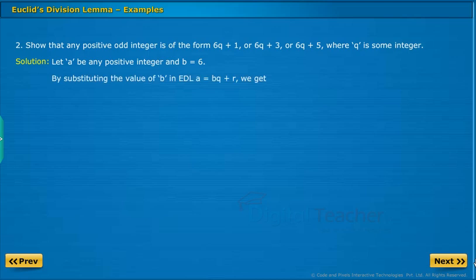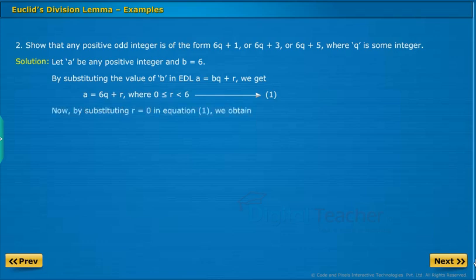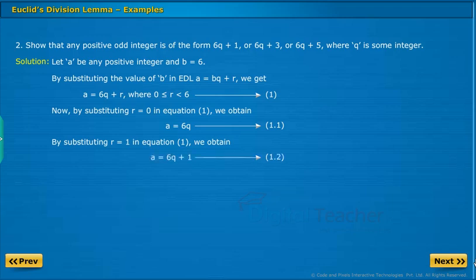By substituting the value of b in EDL, a equal to bq plus r, we get a equal to 6q plus r, where 0 less than or equal to r less than 6. Now, by substituting r equal to 0 in equation 1, we obtain a equal to 6q. By substituting r equal to 1 in equation 1, we obtain a equal to 6q plus 1.